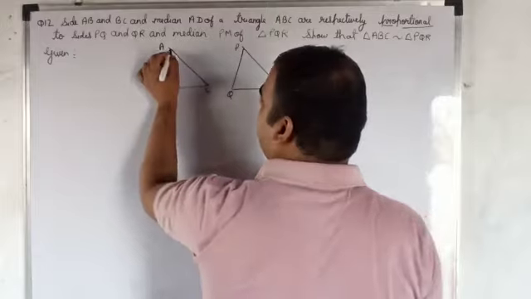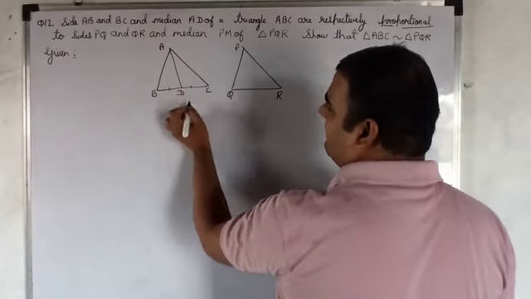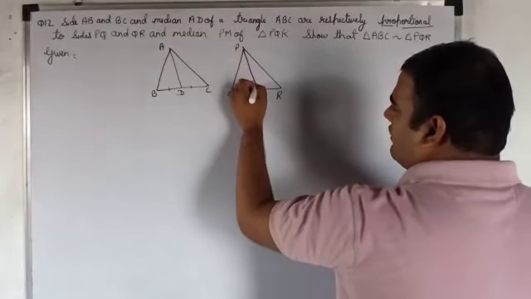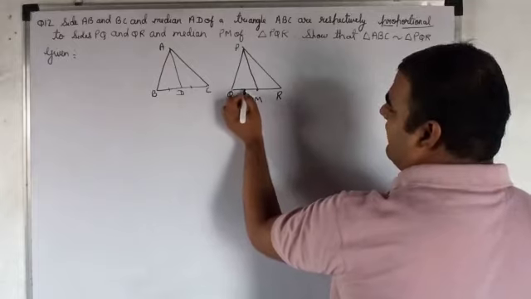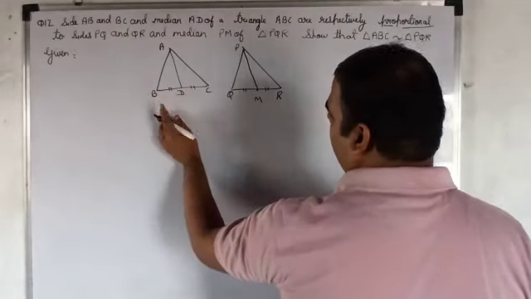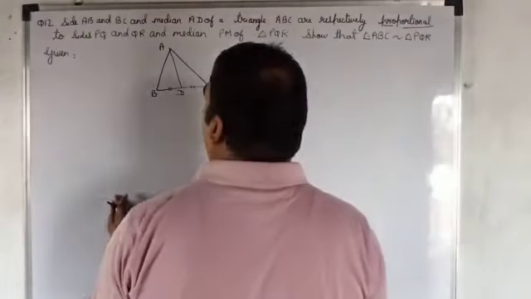So here median is what? AD, right? It divides the third side into two equal parts. Then here also median is what? PM. It divides the third side into two equal parts, right? Now in given, what will we write?